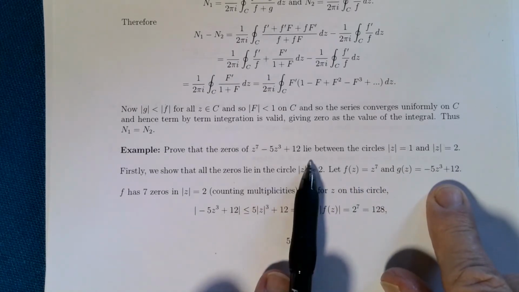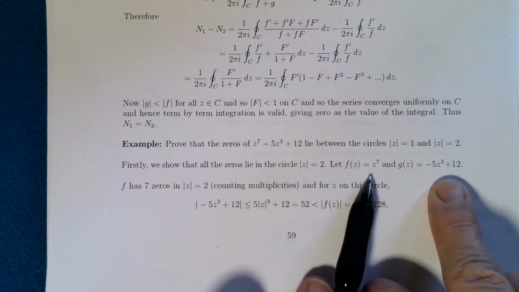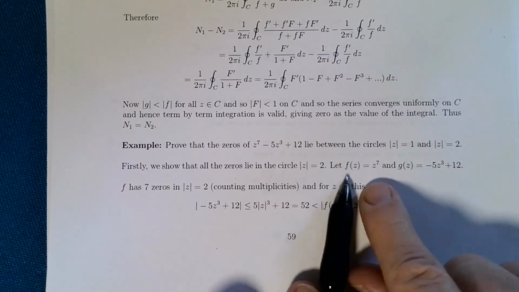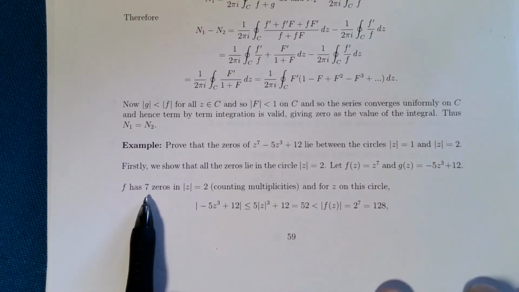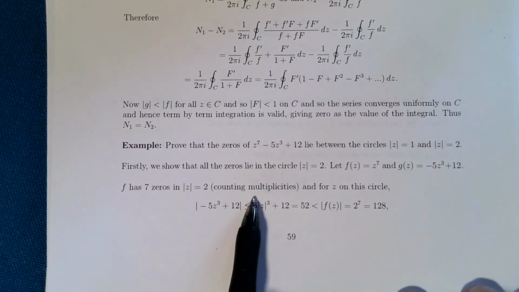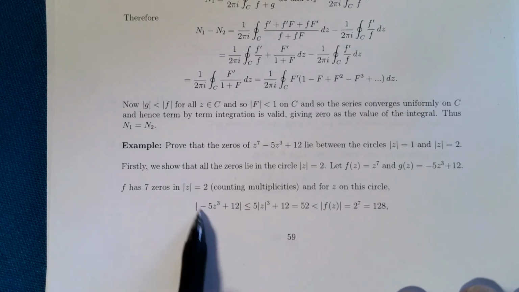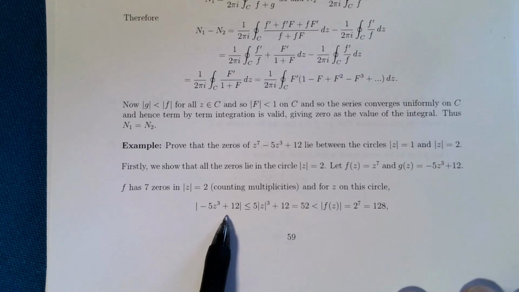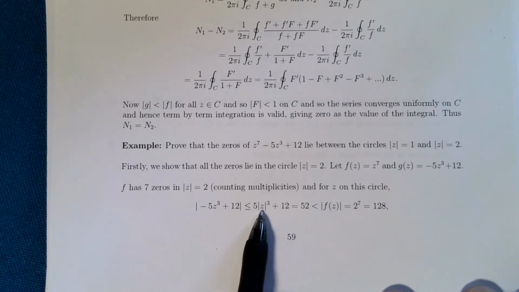And we hope then we can show that mod g is less than mod f. So as I mentioned, this one obviously has 7 zeros inside mod z is 2, counting multiplicities. And for z on the circle, the modulus of g, using the triangle inequality, is less than or equal to that. And if I'm on the circle mod z is 2, then 2 cubed is 8, 5 eights are 40, plus 12, that's 52.